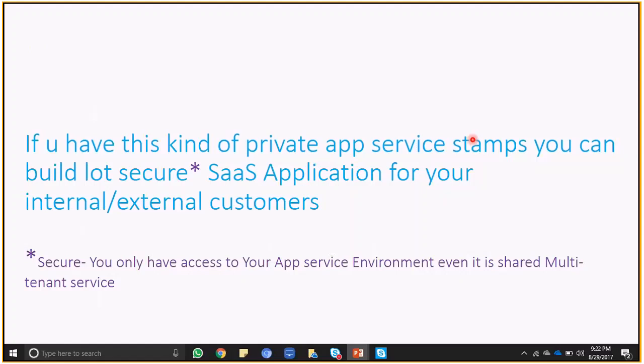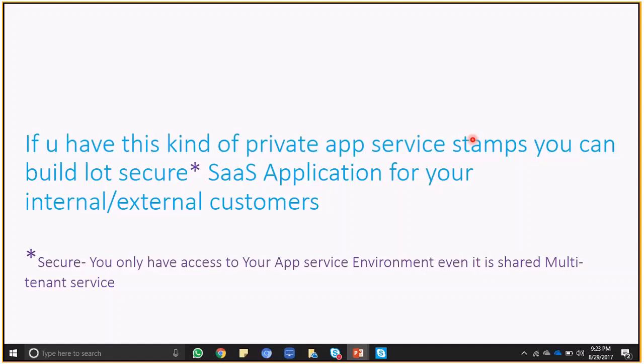Okay, and basically with this kind of design you can procure or shut down. If you shut down your cloud service, it would take around 2 to 3 minutes to shut down or restart. But for applications in app services, shutting down or restarting doesn't take more than a few seconds, just 2 or 3 seconds.